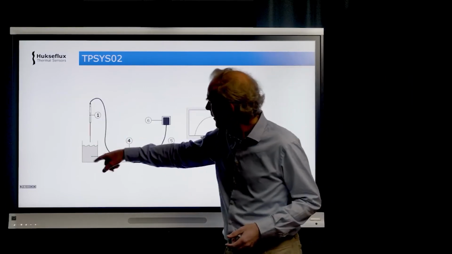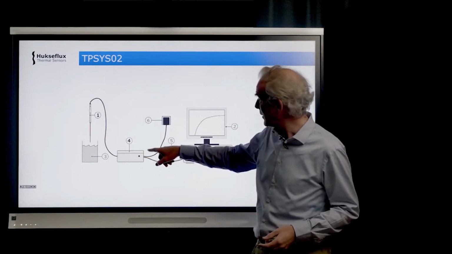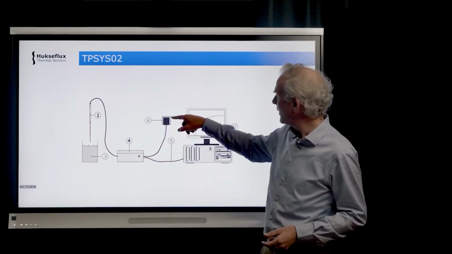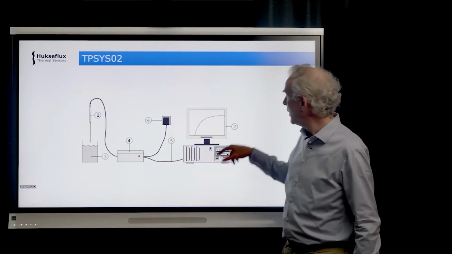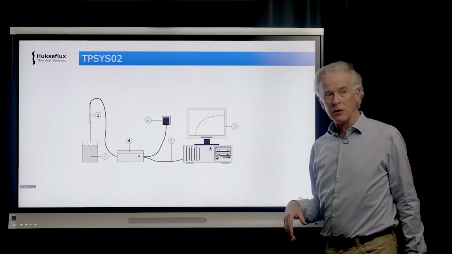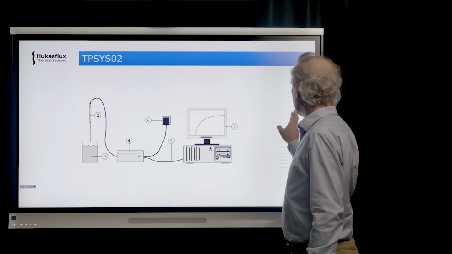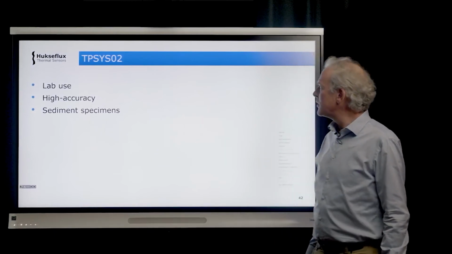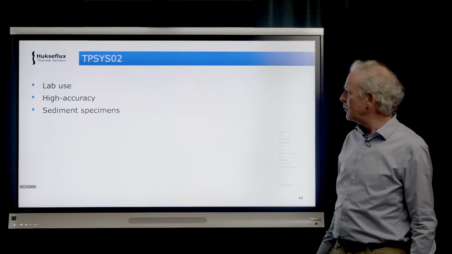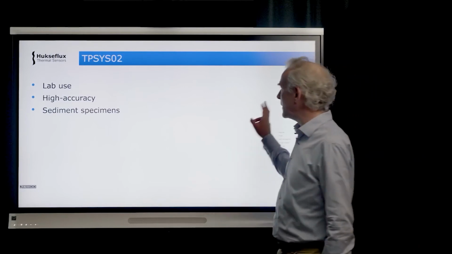So you get your sample, needle, the box, which we call measurement and control unit. You have to connect that to power, so there's no batteries on board, and you connect it to your PC or laptop to operate the whole system. So TPSys is the system name, lab use, high accuracy, and a special application for sediment specimens.